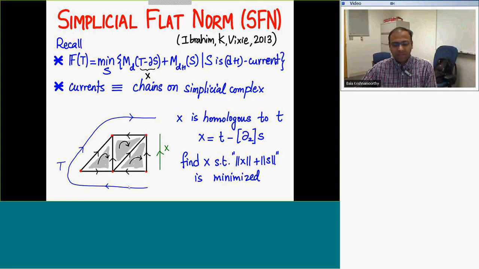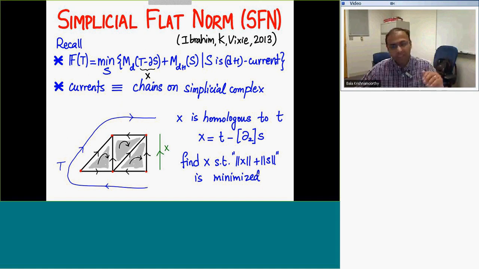So for instance, here if I take T as these 4 edges, shown on this complex made up of 3 triangles, if I add all the 3 triangles to define the homology between T and X, here X is a small length chain. The norm, when I measure how small it is, includes not only the length of X, but also some notion of the areas of all these 3 triangles. So it's an optimal homologous chain problem.